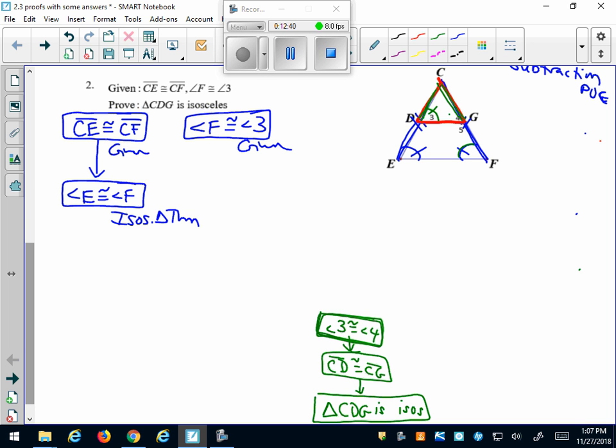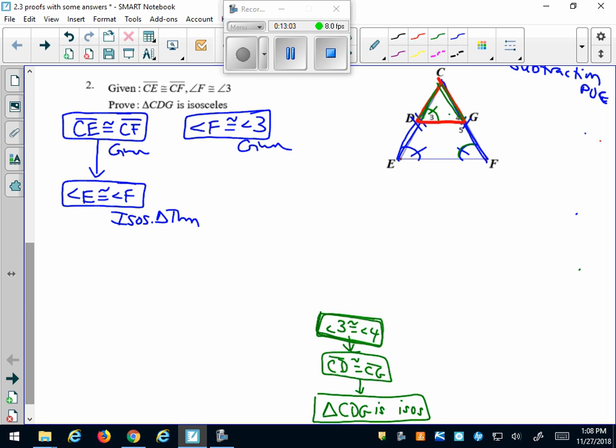Yep. So corresponding angles, meaning what with what? Right, F and 4 are corresponding angles, right? So what would be the only way they would be congruent to each other? Is if what? If DG and EF are parallel.